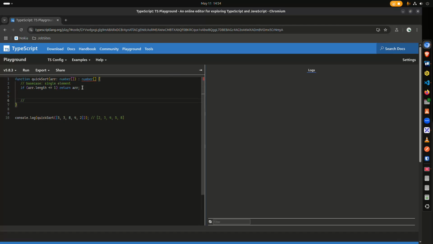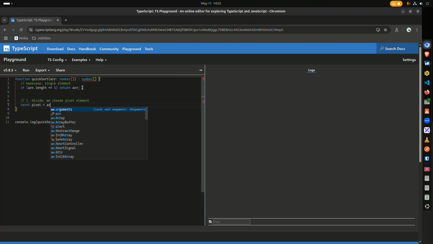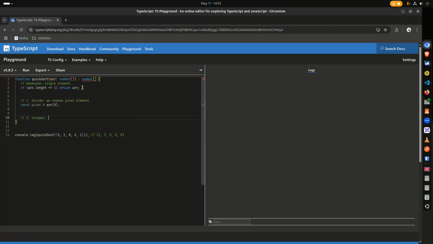Now the first step is divide. In divide, what we do is we choose a pivot element. And how do we do that? We take the first element as a pivot element, which is array of 0. Sorry, in divide we still have to find out the left and right part. So const left array.